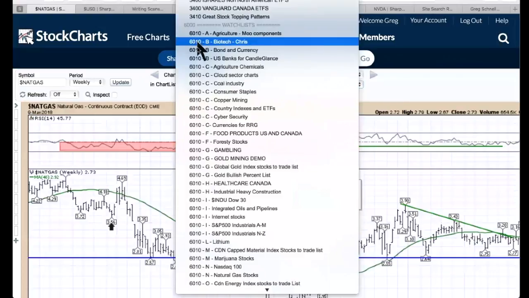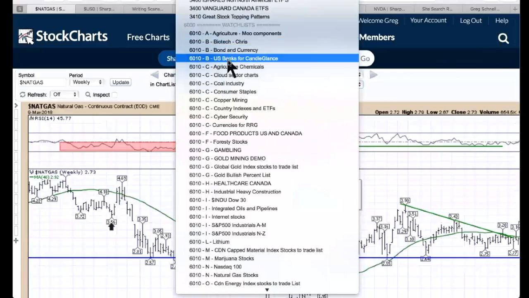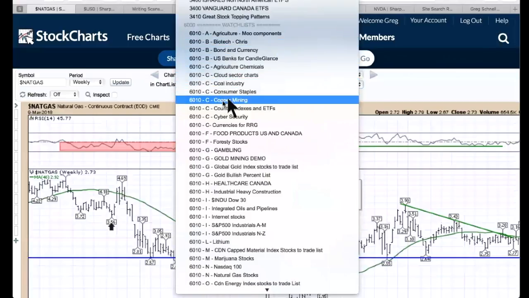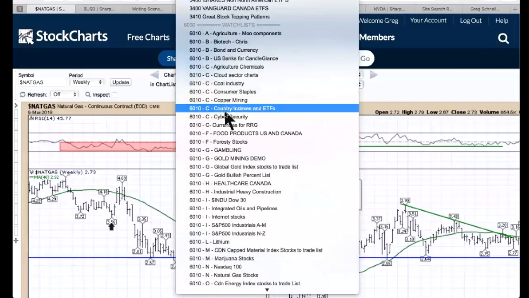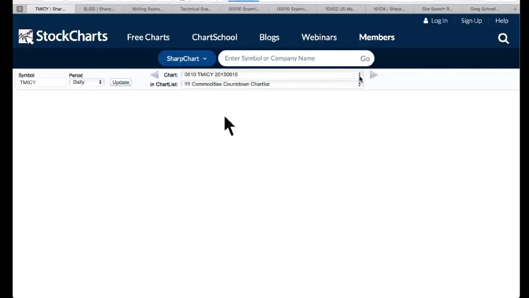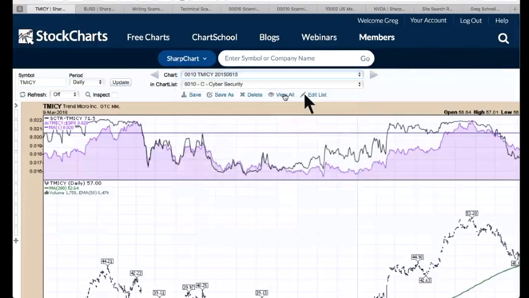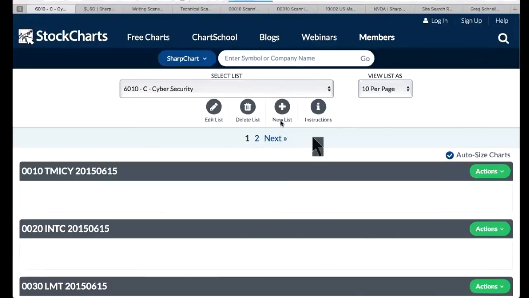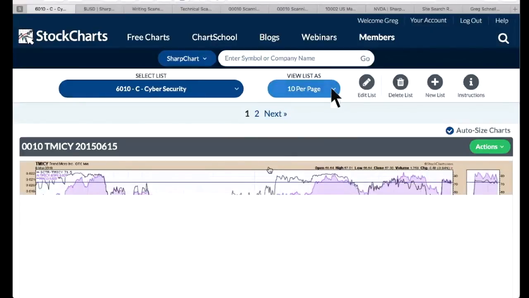So what I've done is I've used a number at the front, then alphabetical, and then put the name in here. And by doing that, if I want to go to copper mining and it's starting to break out, or we talked about cybersecurity, let's just see how many stocks are in here. 10. Excellent. Let's go grab this, view all, and you can put it in the RRG look.